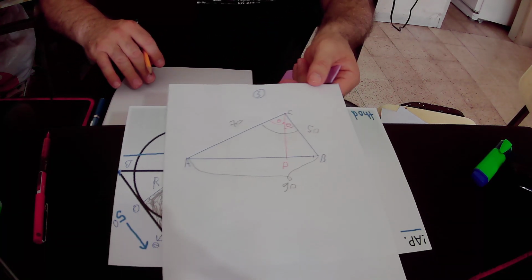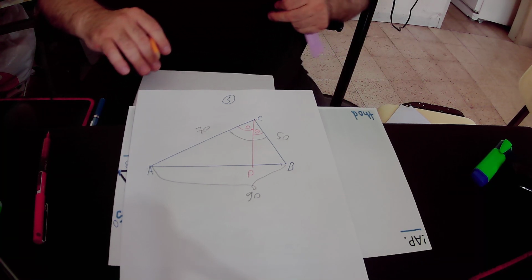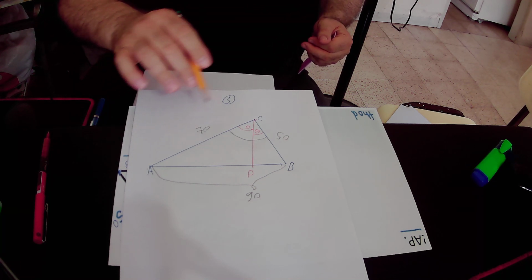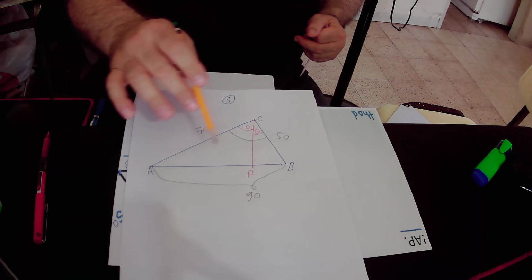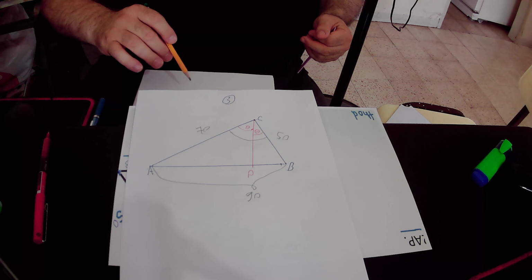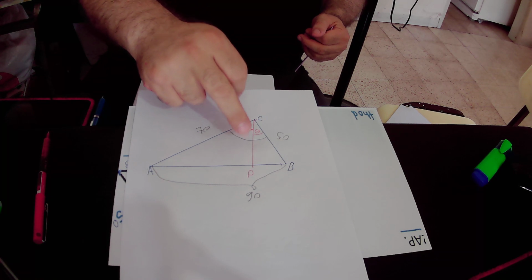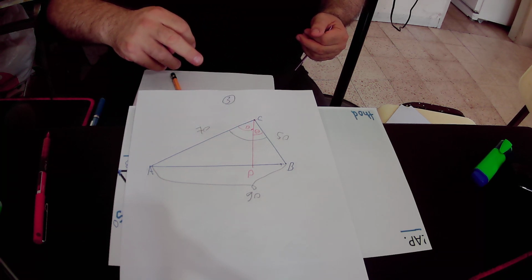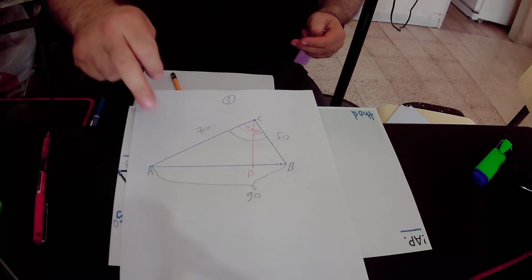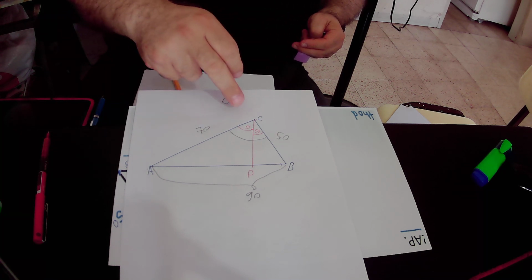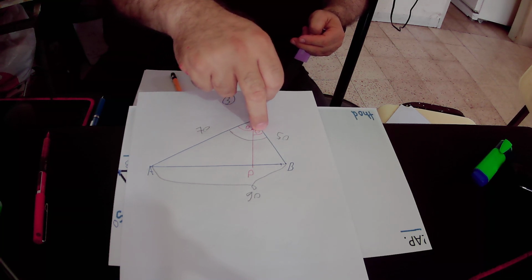So this is triangle ABC. As you can see, AC is 70 units, BC is 50 units, and side AB equals 90 units. And also we have CP, P is the center of the circle, and CP divides angle ACB of the triangle into two halves. This is the first half and this is the second half.